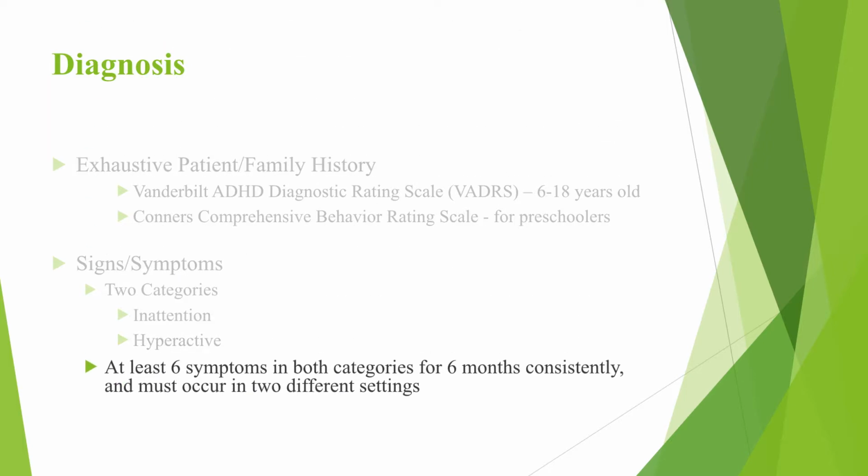These symptoms, once answered yes or no, must occur for 6 months, and 6 of those questions must be answered yes in either category. And you must confirm these symptoms in multiple settings, such as at school and at home.